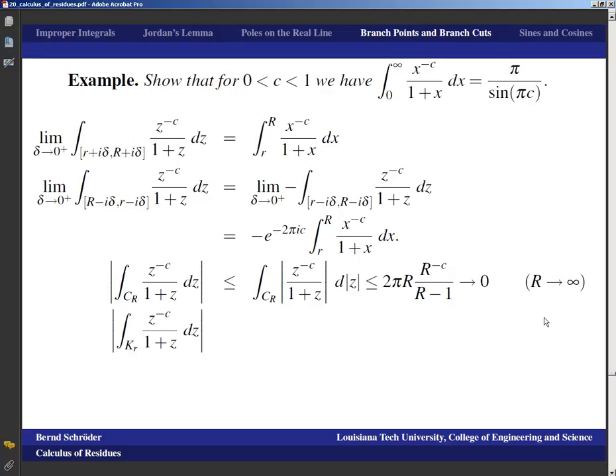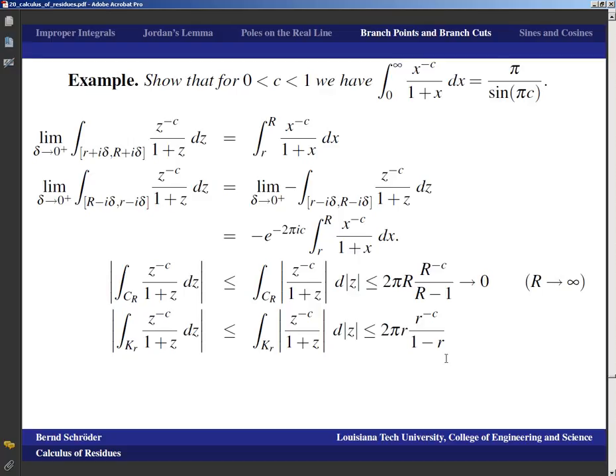As R goes to infinity. And for the small contour, we do the same estimate. Well, okay, the length of the contour is bounded by 2 pi r. If everything has absolute value r, then z to the minus c has absolute value r to the minus c, but this time we're inside the circle, so this time the smallest 1 plus z can get is 1 minus r, and that means 1 over 1 plus z is bounded by 1 over 1 minus r.